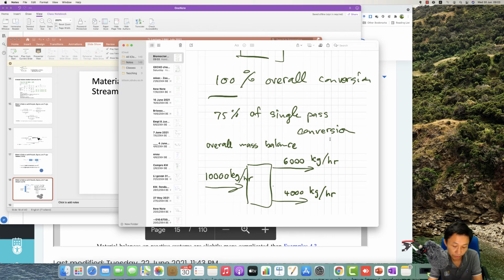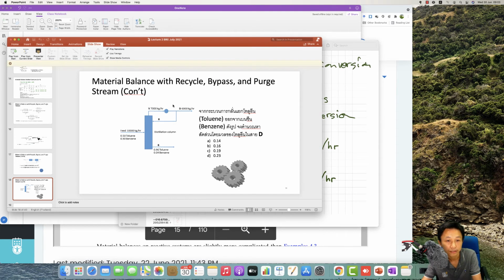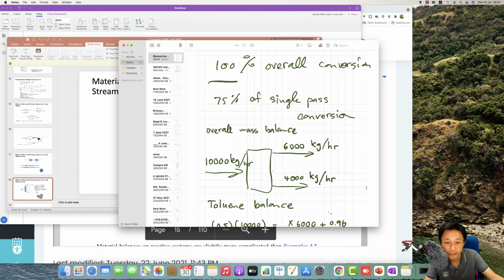So you have 0.5 times 10,000 from the inlet equal to x times 6,000 at the top, where x is the toluene fraction, plus 0.96 times 4,000. So you just have the toluene balance here, which is this one.